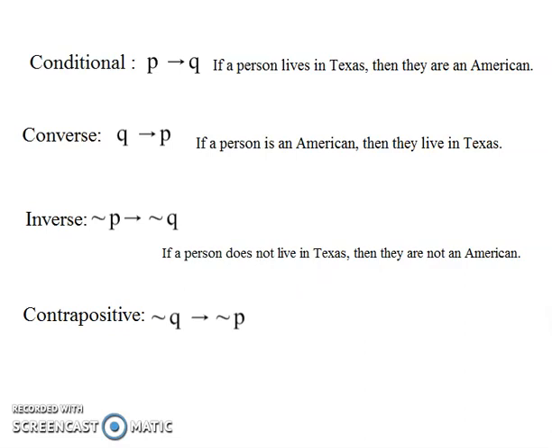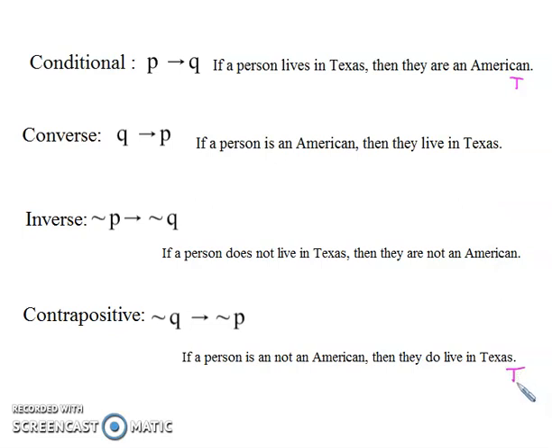And then we have the contrapositive. If a person is not an American, then they do not live in Texas. So we negated again, both Q and P, but we reversed them and made the not Q the hypothesis in the contrapositive.